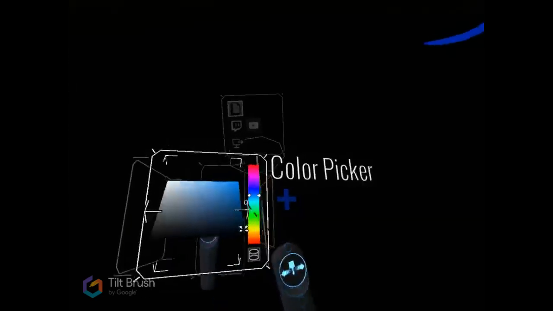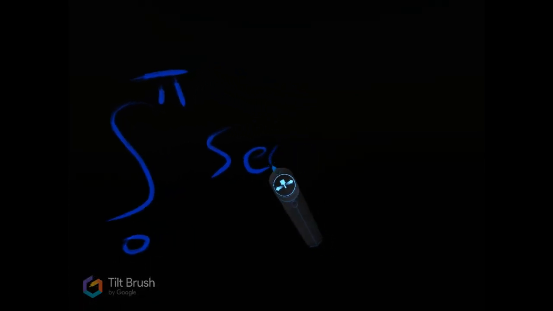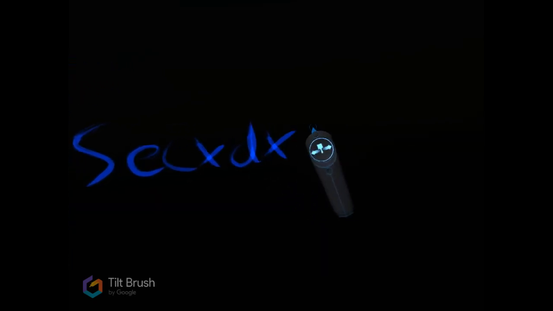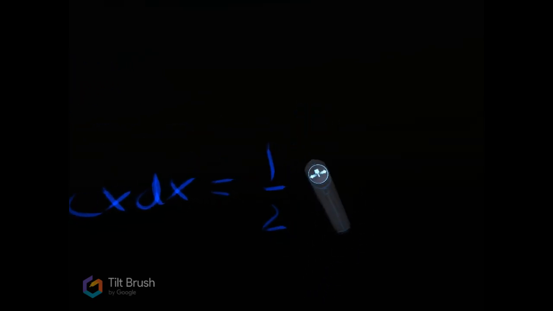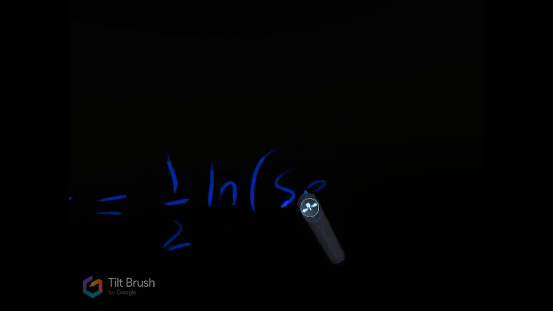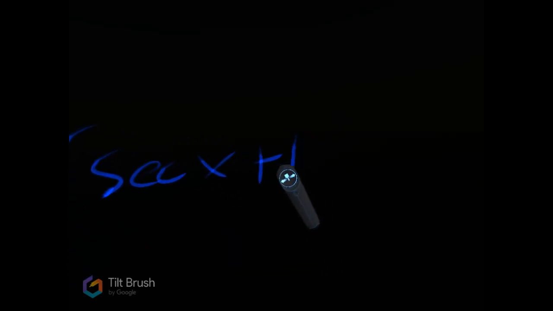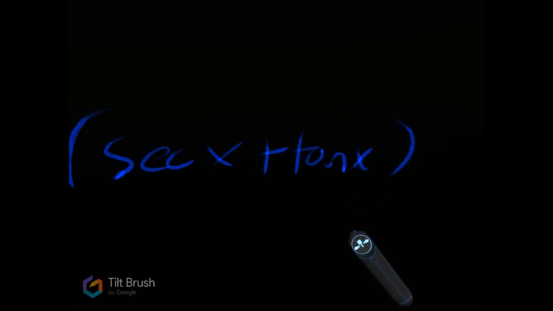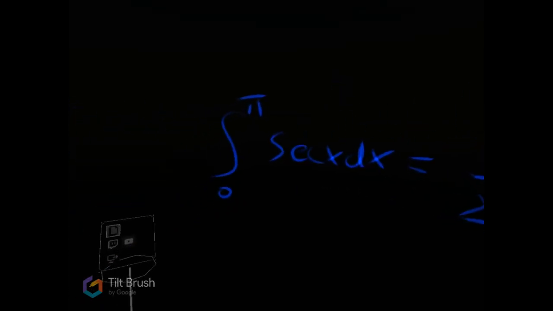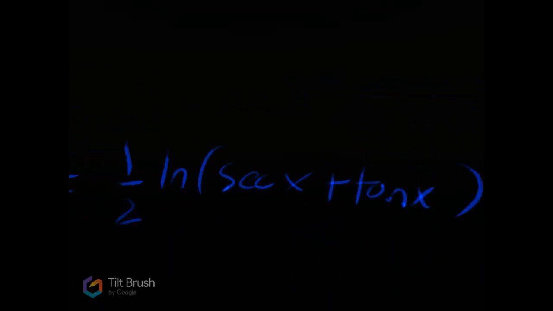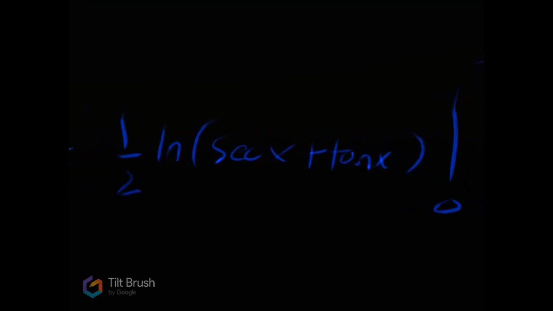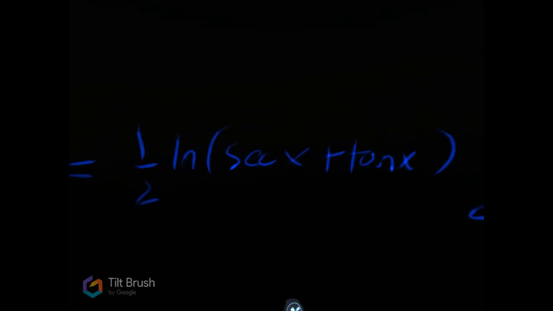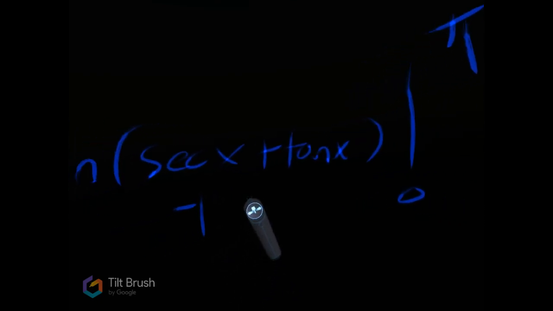Ooh, nice blue. All right, integral from 0 to pi. Oh, you just memorize this. Of secant x dx. Okay, so this equals, by memorizing, 1/2 natural log of secant x plus tan x evaluated from the bounds of 0 to pi. Secant, so we have a -1 plus 0.